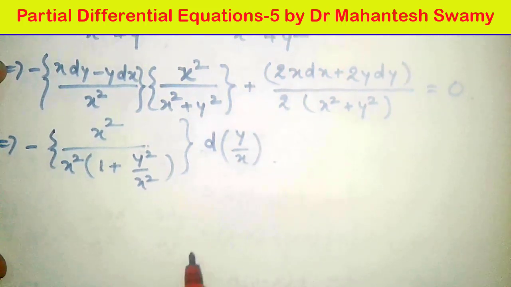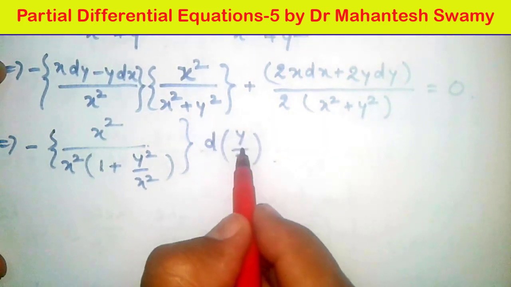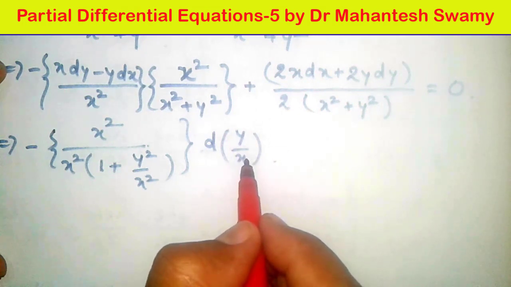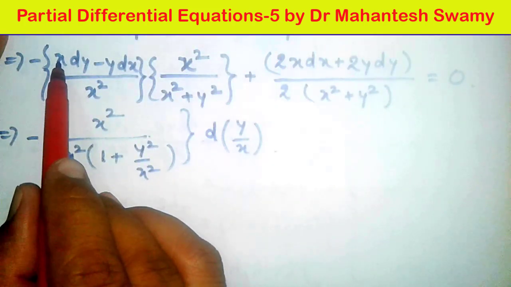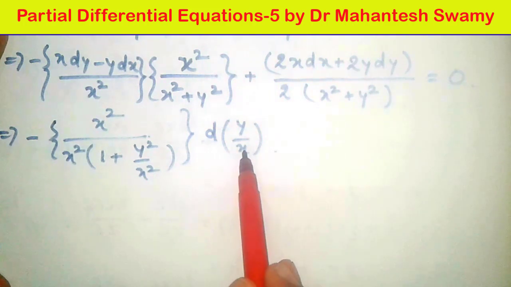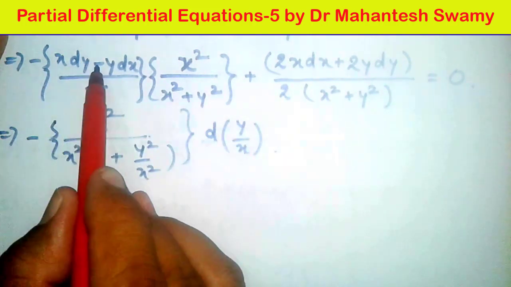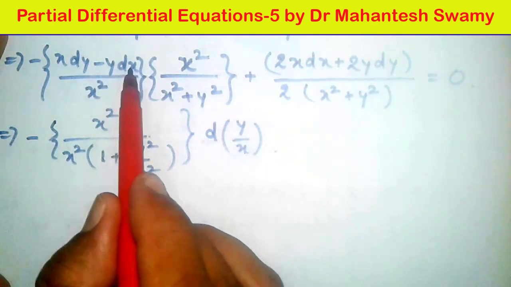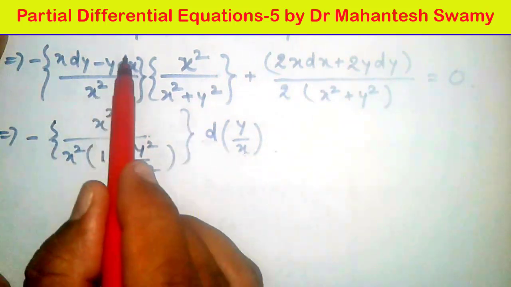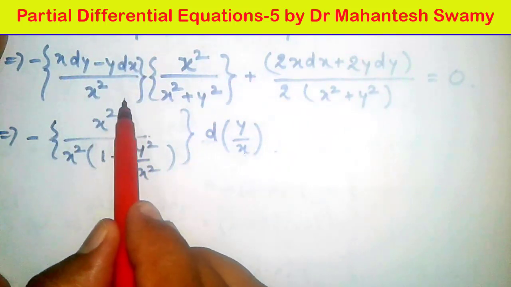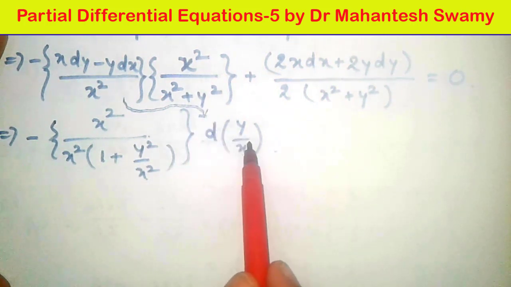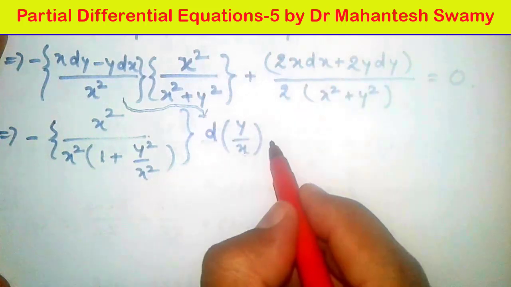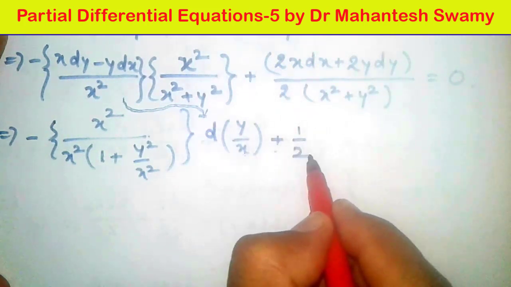Please try to understand here. This is just like differentiation of y by x, because it is denominator as it is, differentiation of numerator, minus numerator as it is, differentiation of denominator, divided by the denominator square. So therefore in place of this entire bracket, it is better to write d of y by x. So it is a very simple thing we have done here, plus 1 by 2 as it is.